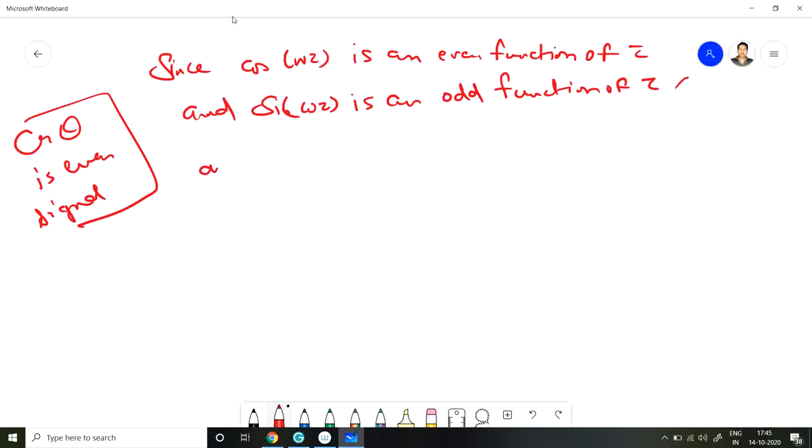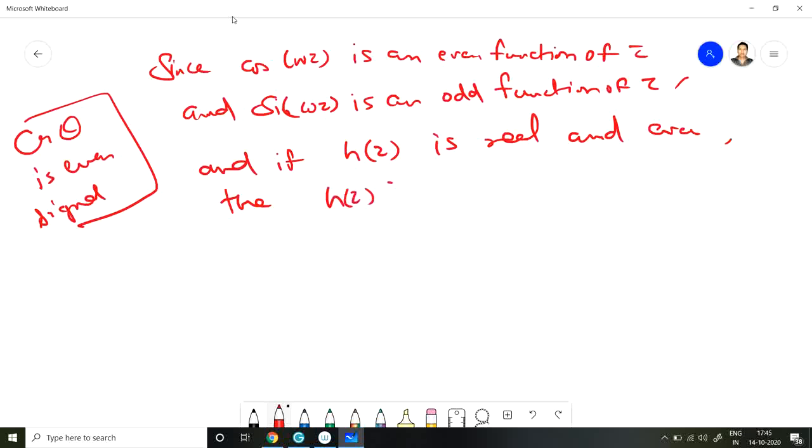So if h(tau) is real and even, then h(tau) cos omega tau is also even, and h(tau) sin omega tau is odd.